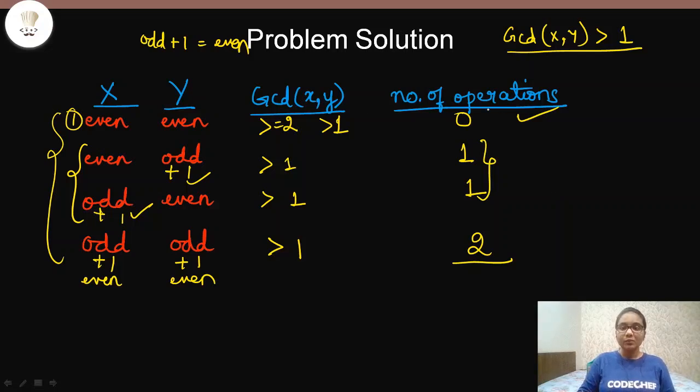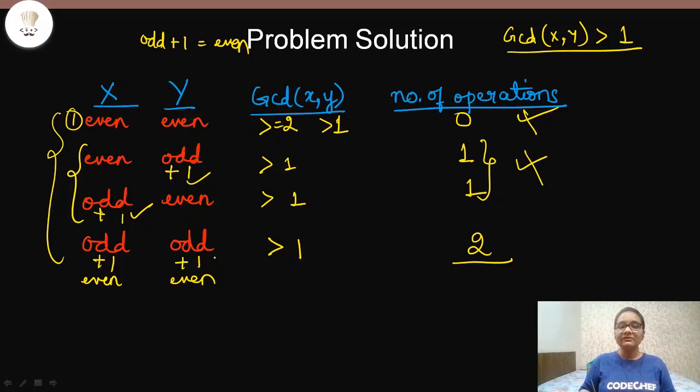And if both of these conditions have become false and the GCD has still not become greater than 1, then we can say that the answer to our question will always be 2. If the above two cases fail, then it will be the case of having both odd numbers.